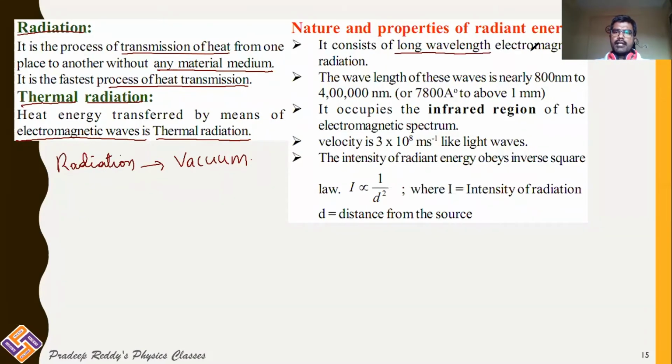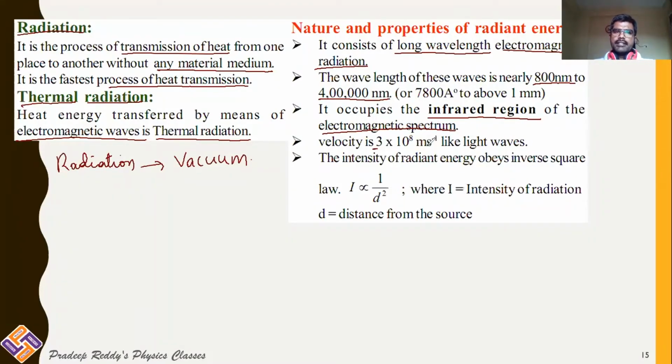These are electromagnetic radiations, and usually the wavelength varies from 800 nanometer to 4 lakh nanometer, and this occupies the infrared region of the electromagnetic spectrum. In 10th class you will be learning about the electromagnetic spectrum: cosmic rays, gamma rays, ultraviolet, visible, infrared. In the infrared region, these thermal radiations take place.